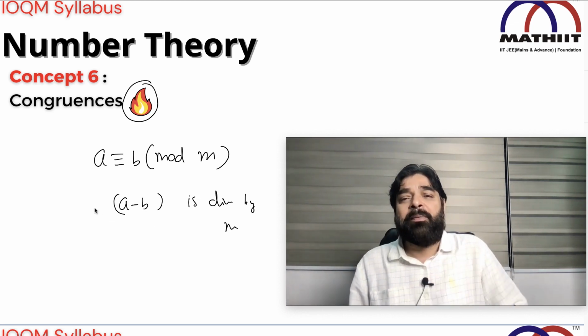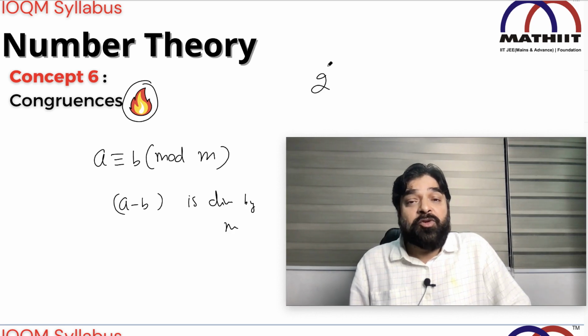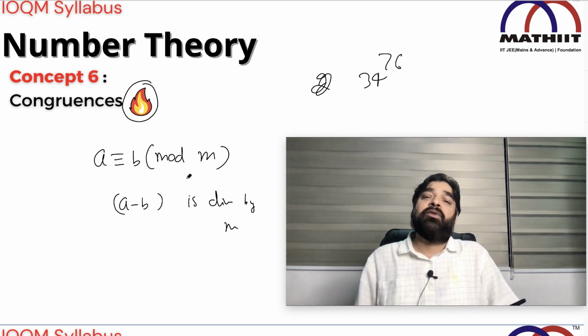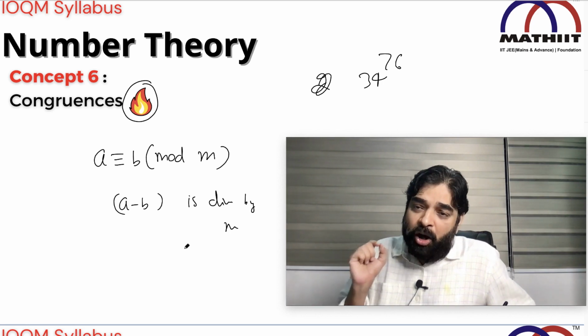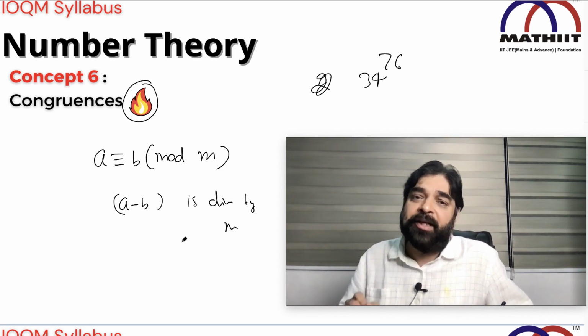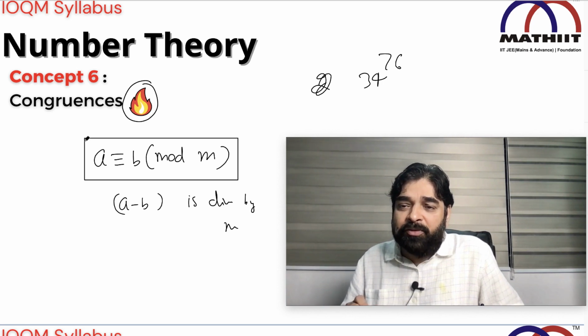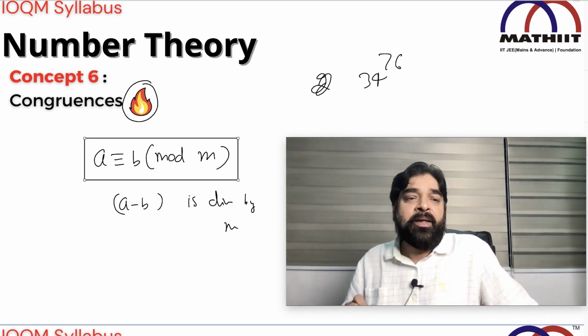But it's not only this much. So many big properties. Suppose somebody asks you, find out the last digit of 34 power 76. Last 2 digits or something like that. So congruency will solve it in 1-2 steps. So congruences you have to study. This is the symbol of congruency, pronounced as a is congruent to b mod m.